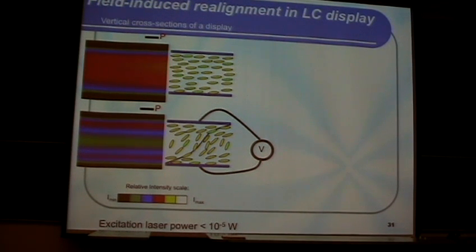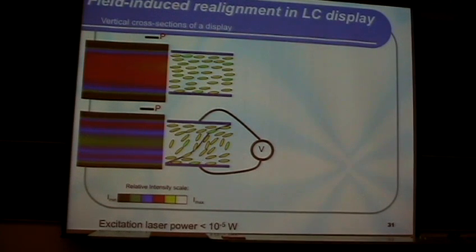The phenomenon of this electric field-induced realignment is at the heart of many different electro-optic and display applications of liquid crystals. However, you can notice from this cartoon representation that the strongest realignment is achieved in the bulk, in the central part of the liquid crystal cell.